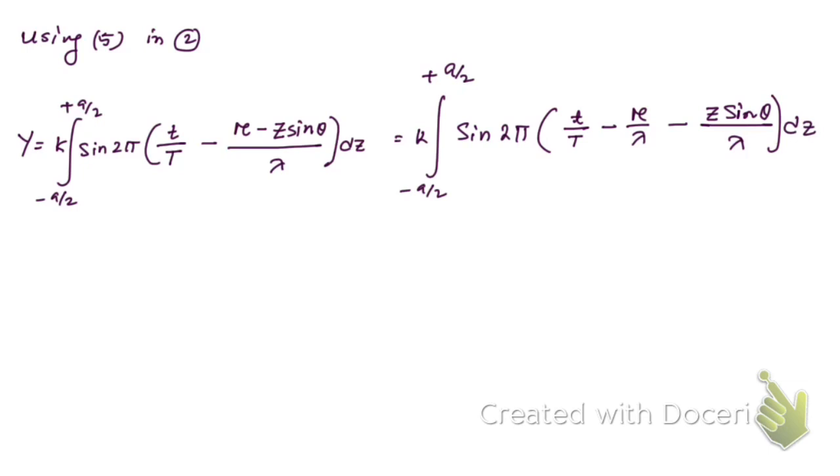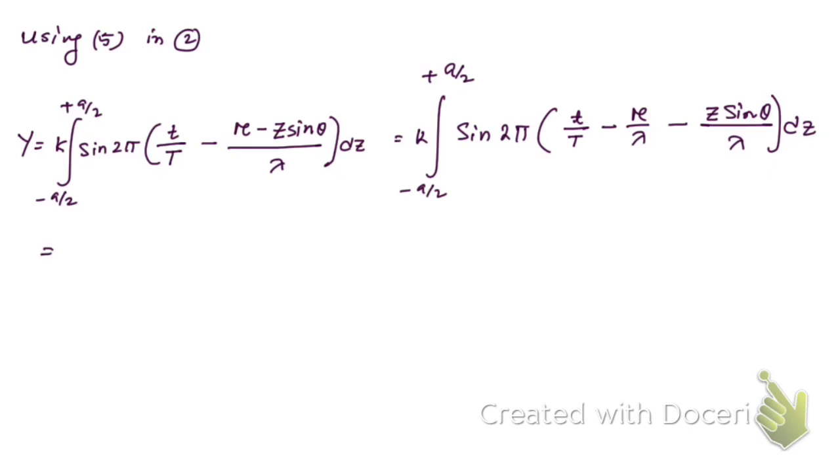So now if we integrate with respect to z, since we have dz, this part involves z only, and the other terms will be regarded as constant. So we have got sine of this. Integration of sine is going to be minus cos.